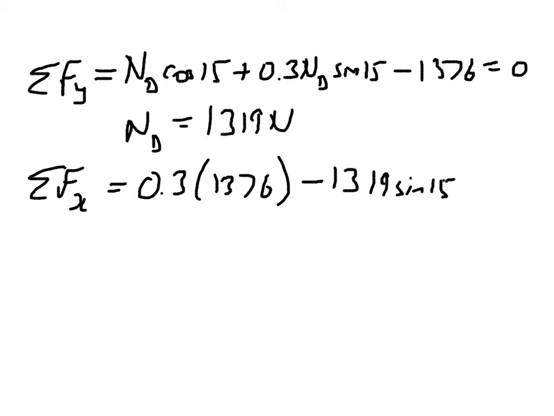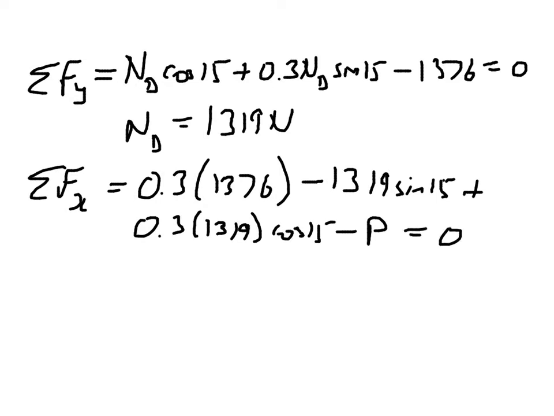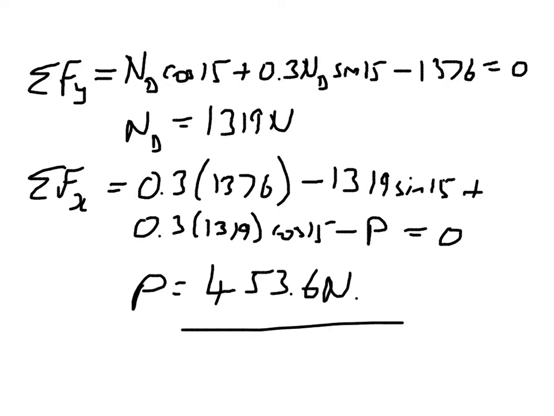No, it's not, sorry, it's the contact force in the X direction, plus 0.3 times 1319 cos 15. That's the X component of frictional force at surface D in the X direction, minus P, which is my push force, or my pull force, sorry. We can calculate P to equal 453.6 newtons.